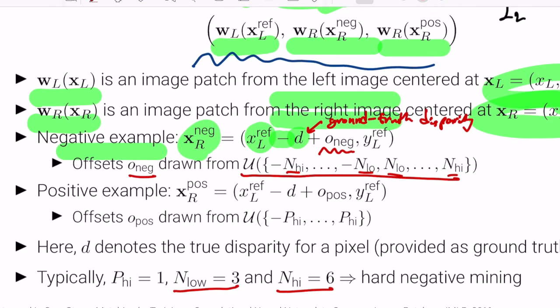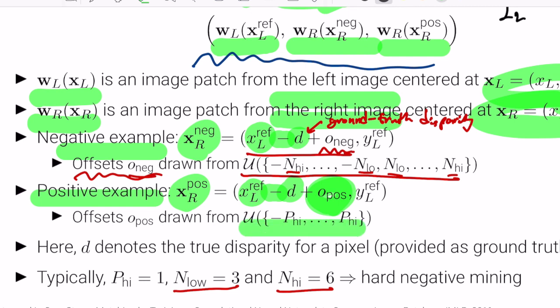Then this kind of offset gives us a negative point. This is the negative example. For the positive example, XR pos can be determined by XL minus d, but perturbed by a very small pixel offset, let's say o pos, drawn from negative p high to plus p high, where p high is just 1.